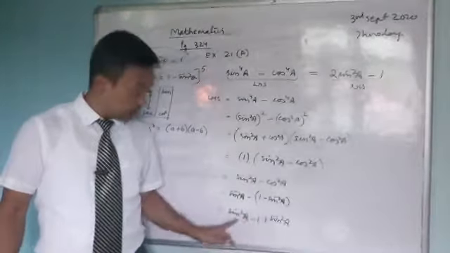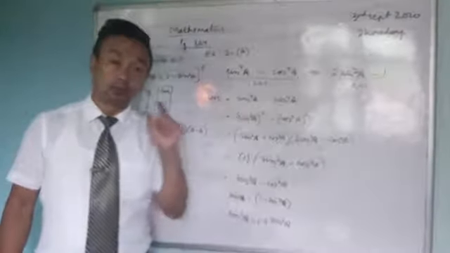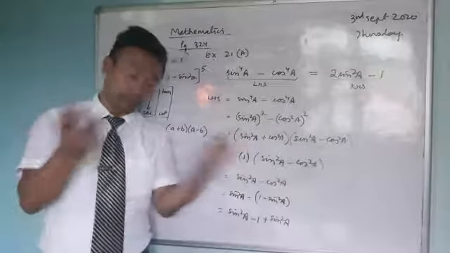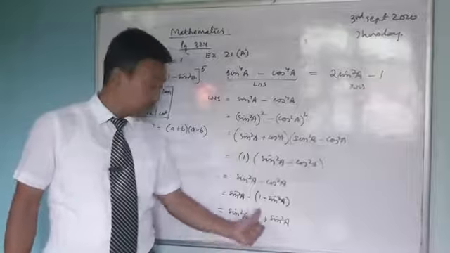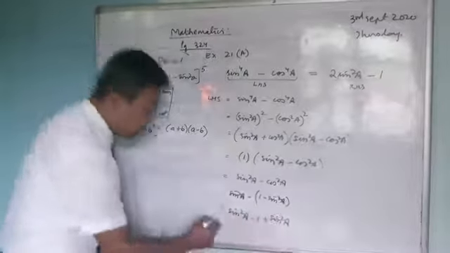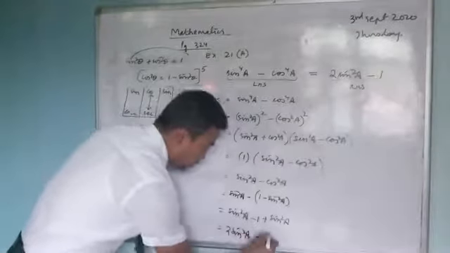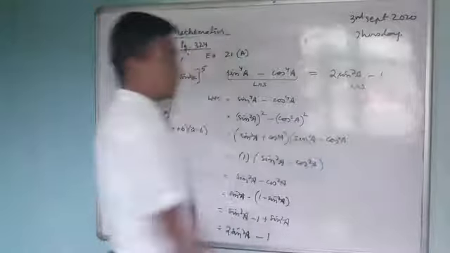Sine square A plus sine square A are like terms, so you can add them, like apple plus apple is 2 apples. So sine square A plus sine square A will be 2 sine square A minus 1. Now if you check this, it is the same as the right hand side.